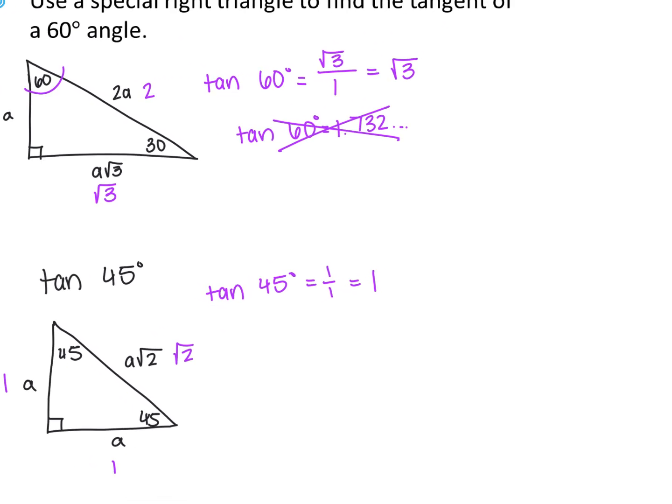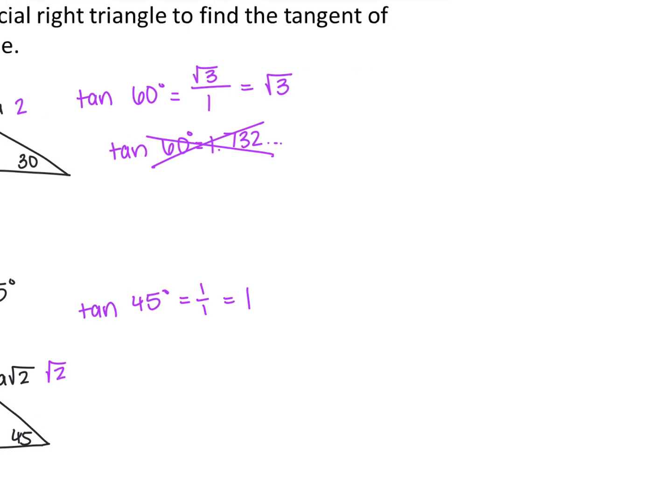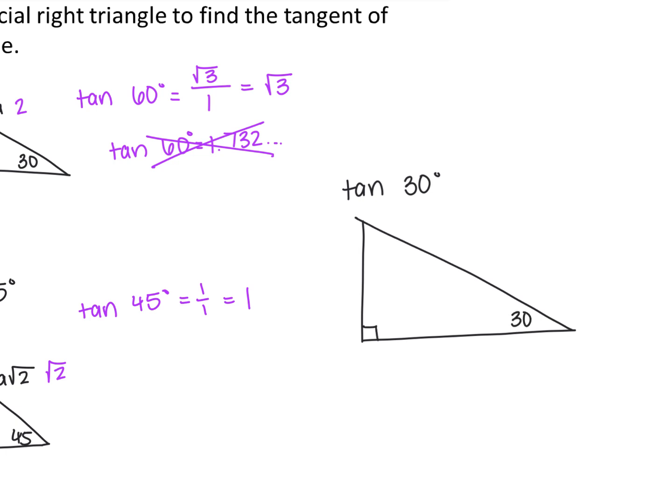And giving you one more example. Let's say I have tan 30. Again, drawing my triangle, I have my 30, 60, 90 triangle. I'm just going to write what we need to know. This is 1, 2, the square root of 3.